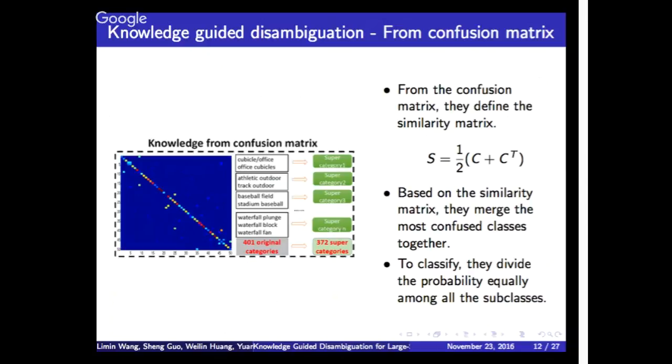Yeah, they say that when they have to transfer, in this case, the 372 super categories to the 401 original categories, they divide the probabilities equally.